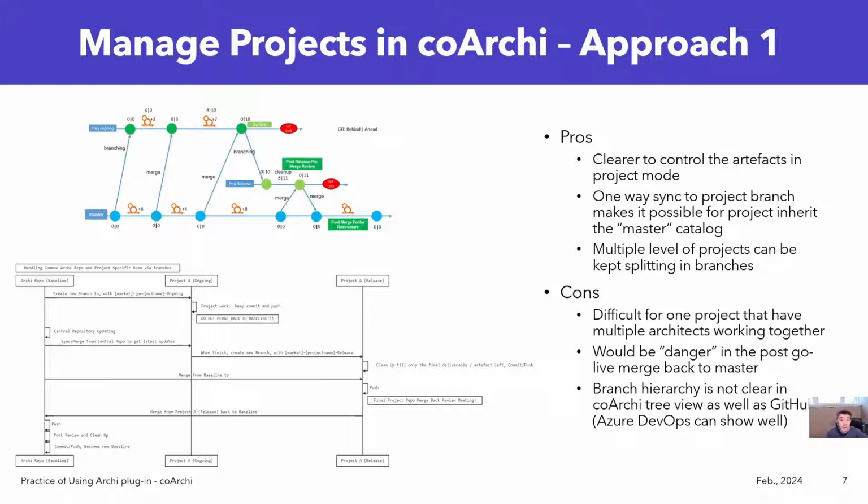then that means gradually, as you are ongoing with the project, this branch starts to have more and more behind compared to your baseline or compared to the master. So these are always open questions, which can only be answered by the project architect who has more knowledge of his project's artifacts.